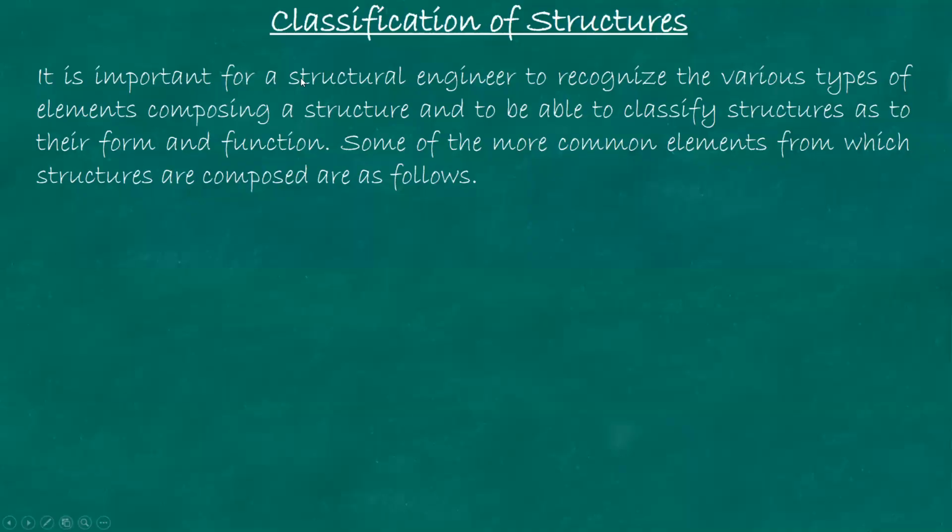Classification of structures. It is important for a structural engineer to recognize the various types of elements composing a structure and to be able to classify structures as to their form and function. Some of the more common elements from which structures are composed are as follows.